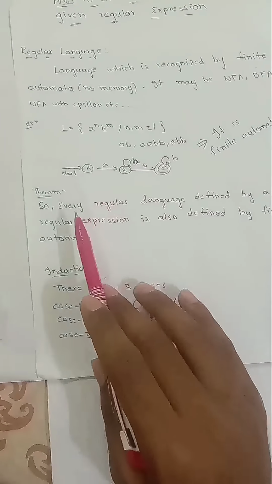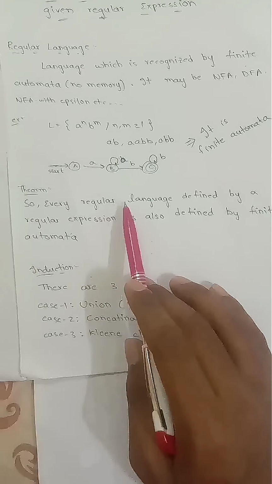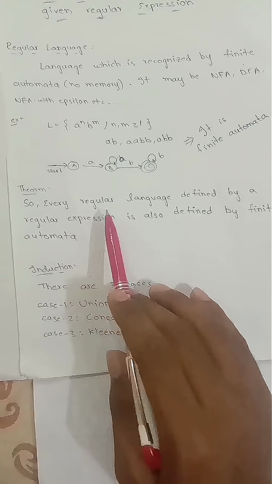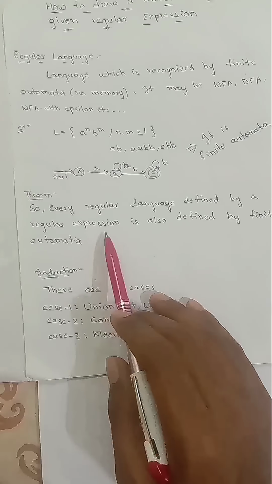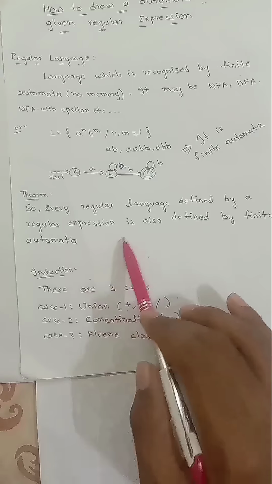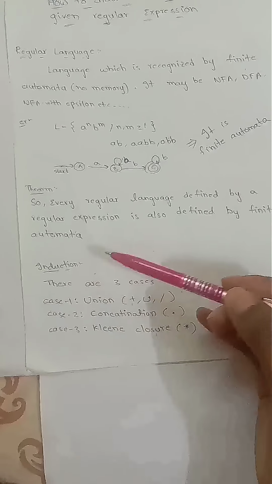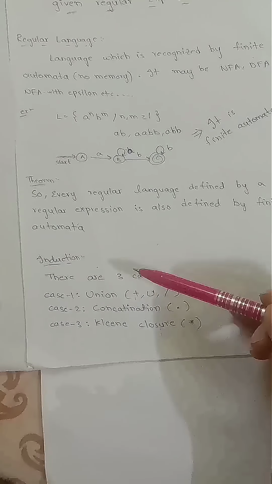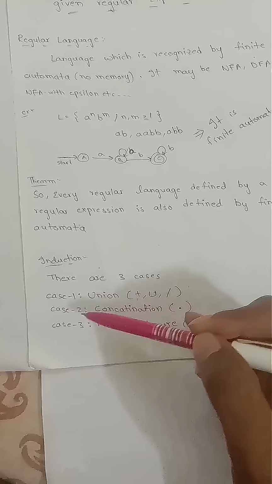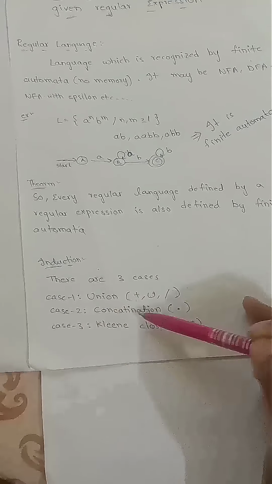Now let us see a theorem, that is, every regular language defined by a regular expression is also defined by a finite automata. To prove this theorem we need to know about induction, where mainly induction is divided into three cases: case 1 union, case 2 concatenation, case 3 Kleene closure.